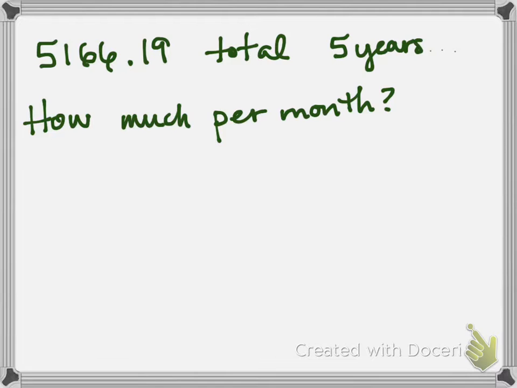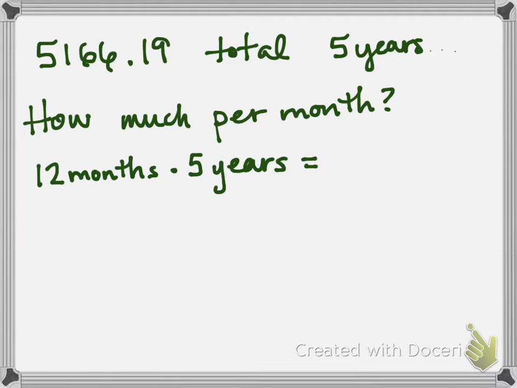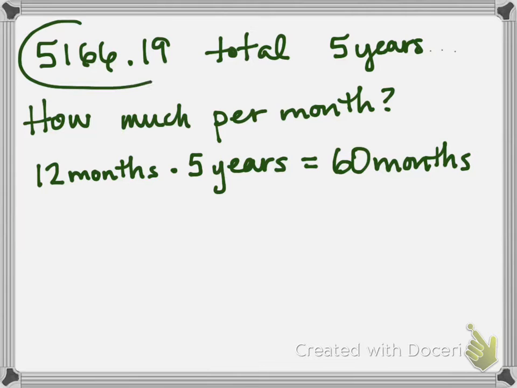So how many months are in 5 years? Well, there's 12 months per year, and then there's 5 years. So 12 times 5 is 60 months. So I need to take this total amount and divide it by this 60.